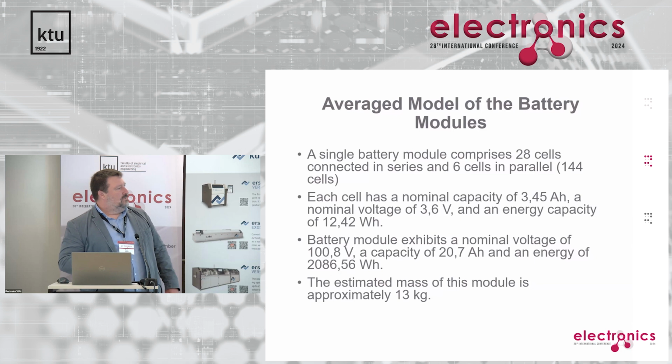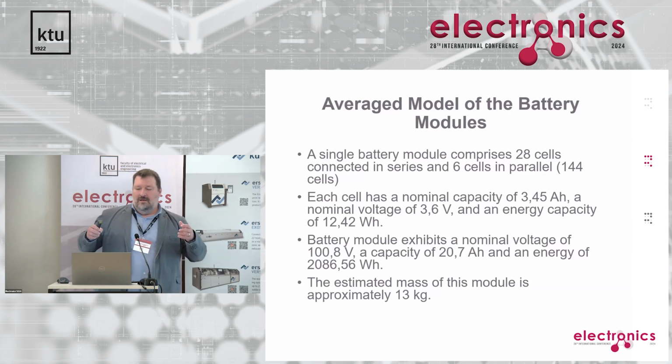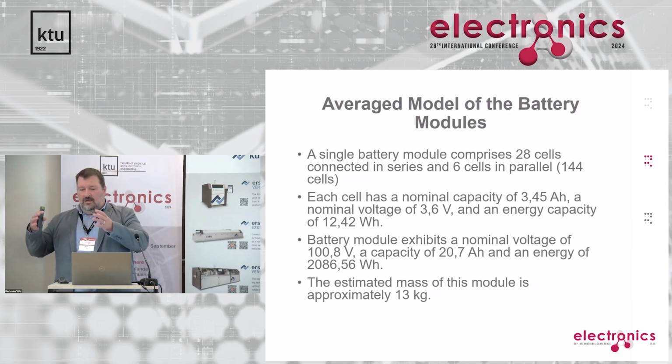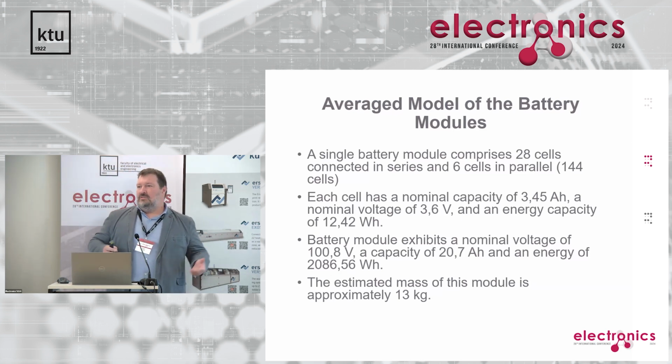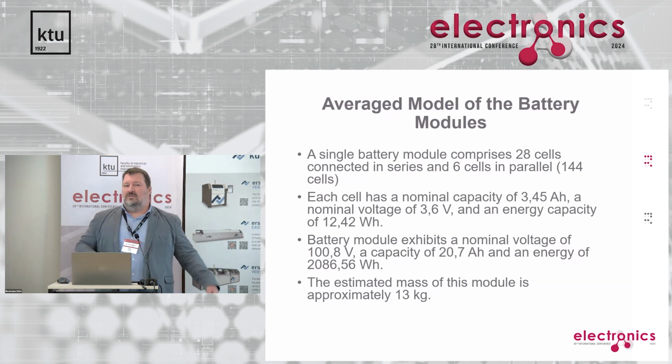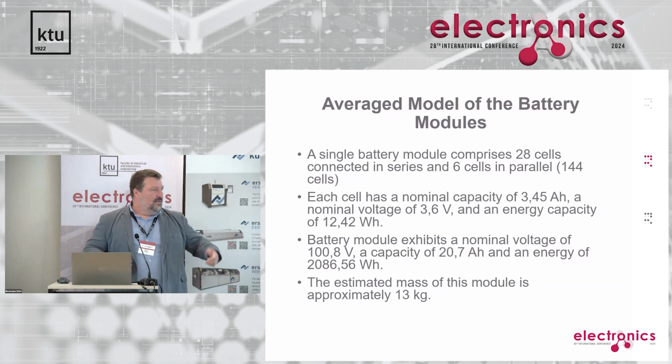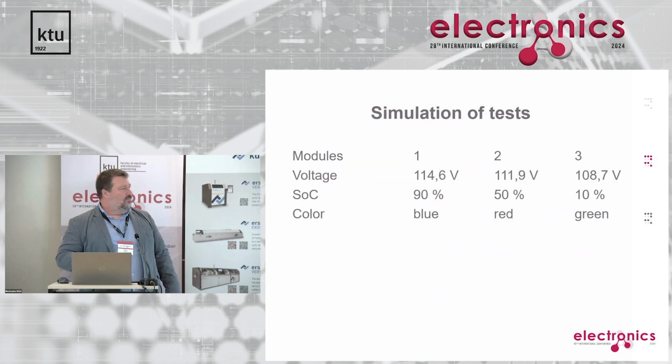Battery model has a nominal voltage of 100 volts, capacity of 20 amp hours, and energy of 2 kilowatt hours. And estimated mass of this module, 144 cells together with the carrying case and everything, is approximately 13 kilos, which is not so heavy, and you can carry it in one hand. So this was the idea of this.